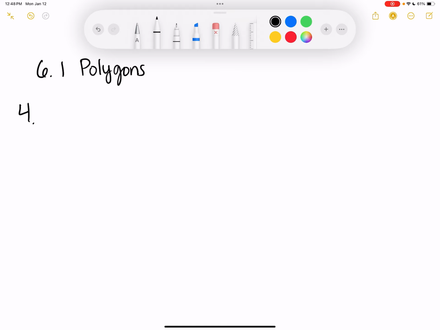So the first one said to just decide whether the figure is a polygon or not, and if it is not, explain why. So number 4. Looks something like that.